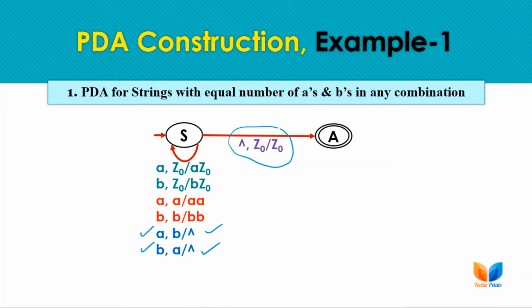So simply replace it with Z0 and move to the final state. Here we have A as the final state.